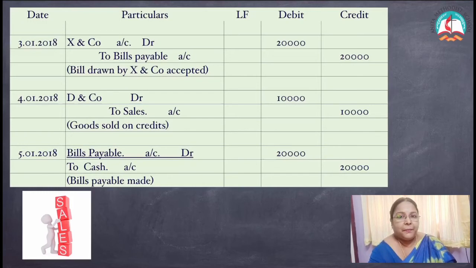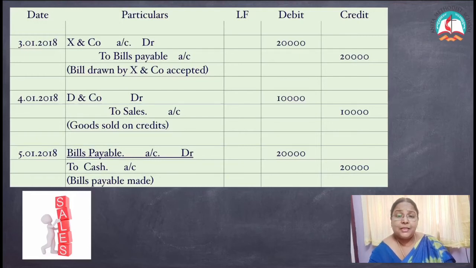What does it mean? Maybe he would have said, only this 20,000 I will pay on this particular date. So that is just like giving a word that the amount 20,000 will be paid on this particular date. Okay, children, that is why 20,000 is there.